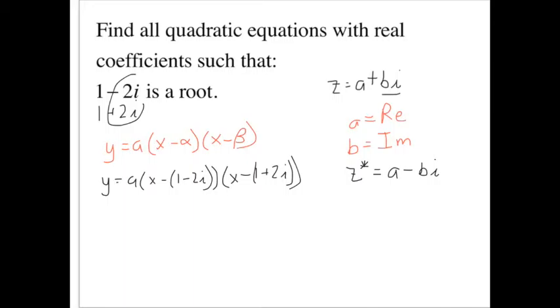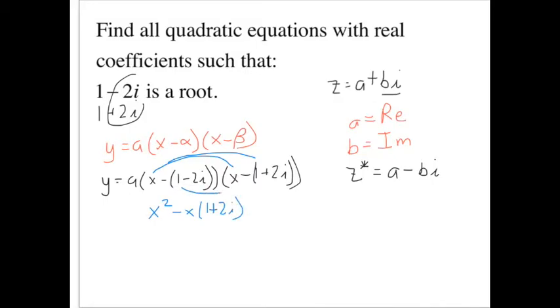Now, there's multiple ways that you could work this out. You could distribute the minuses and then do a trinomial expansion. What some people like to do is just leave it the way it is, and then we go x times x, which would be x squared. x times that would be minus x times 1 plus 2i.